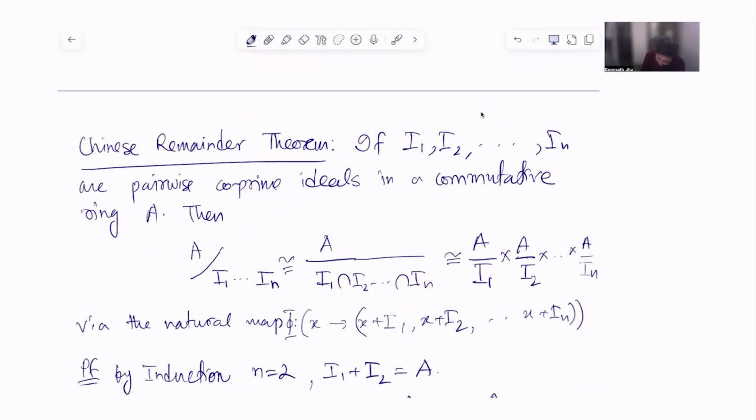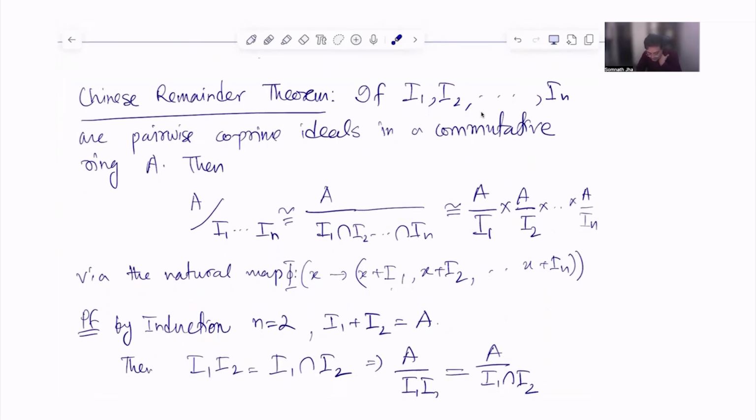So for the n equal to 2 case, suppose there are two ideals I1 and I2. Then A mod I1 times I2 is isomorphic to A mod I1 intersection I2, which is isomorphic to A mod I1 cross A mod I2 via the map x goes to x plus I1, x plus I2. That's what this is saying.